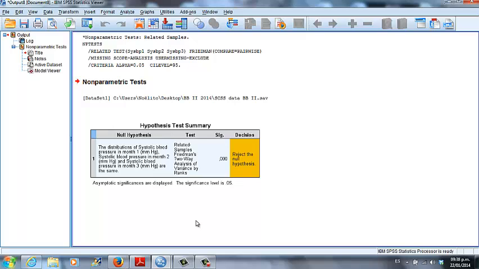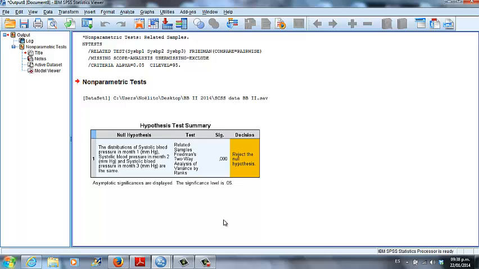As you see now in the output file, the distribution of systolic blood pressure months 1, 2 and 3 are the same. That's the null hypothesis. It tells us which test has been selected, the Friedman's two-way analysis of variance by ranks, and the p-value. The p-value is statistically significant as it's less than 0.05, which means we reject the null hypothesis.